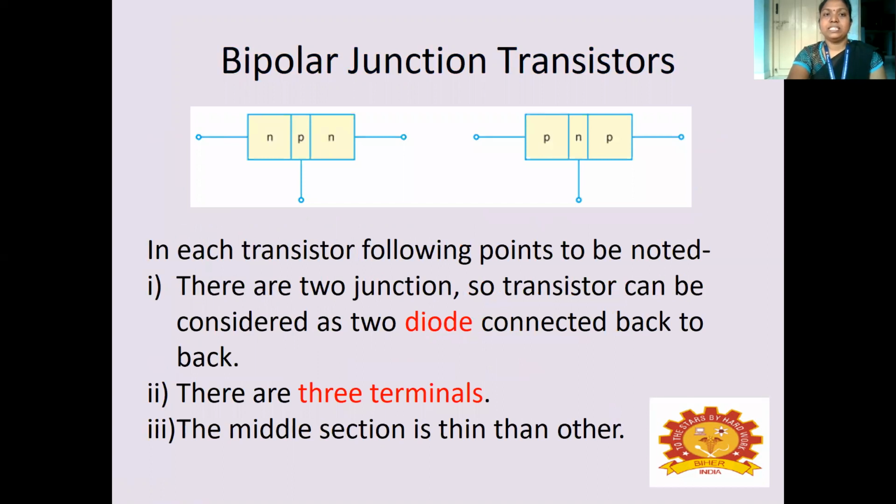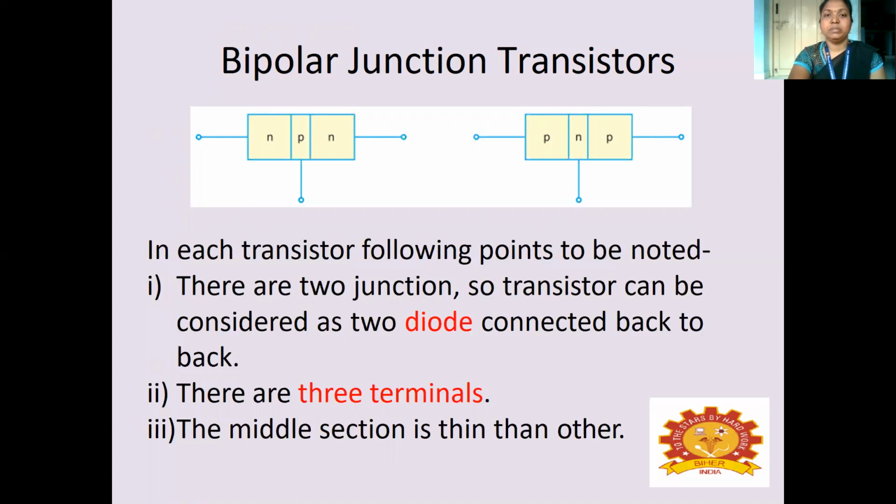So here we will see the symbol for the bipolar junction transistor. BJT has three terminals, whereas in a diode we have only two terminals. So here you can see there are two junctions. So a transistor can be considered as two diodes connected back to back.